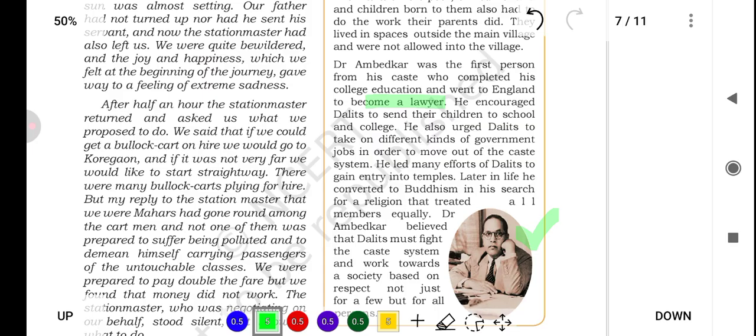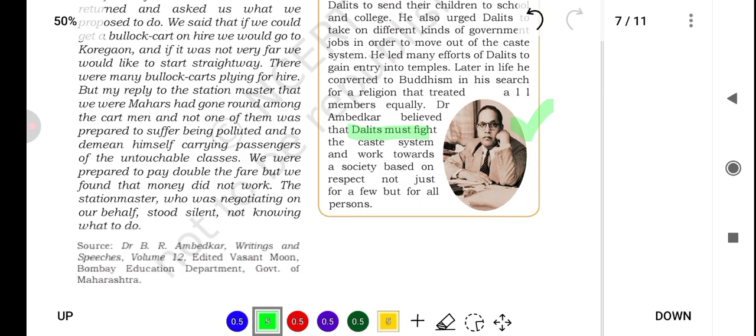He led many efforts of Dalits to gain entry into temples. Later in life, he converted to Buddhism in his search for a religion that treated all members equally. Dr. Ambedkar believed that Dalits must fight the caste system and work towards a society based on respect, not just for a few but for all persons. Okay.